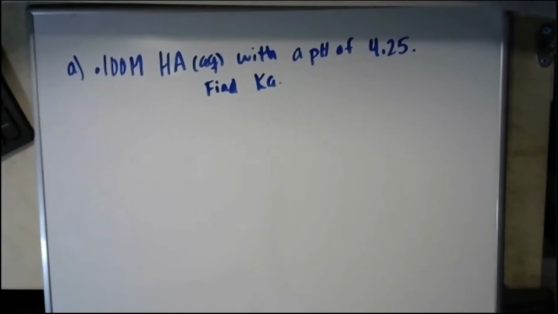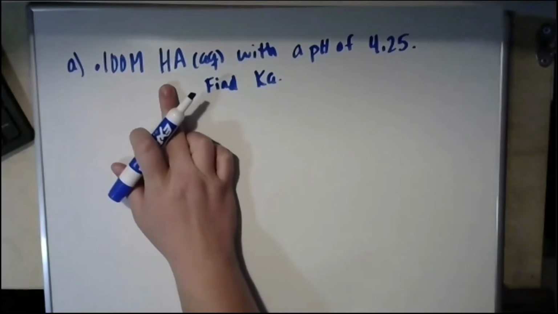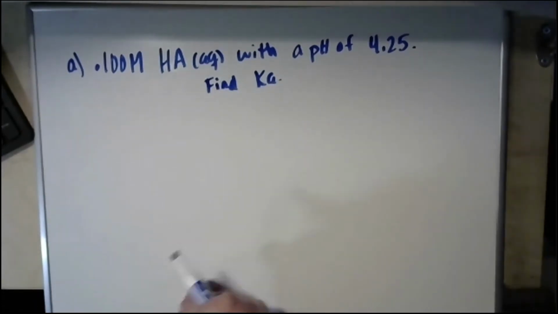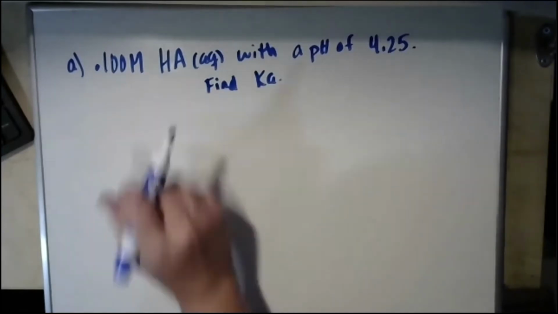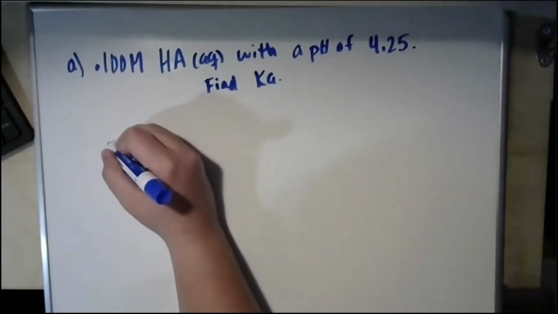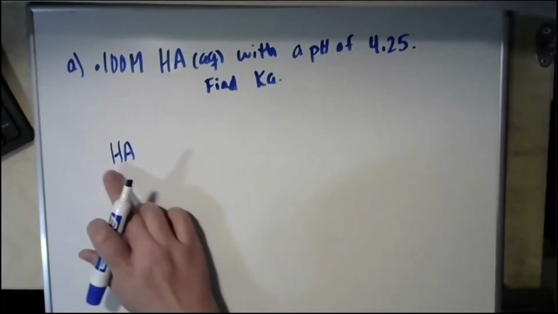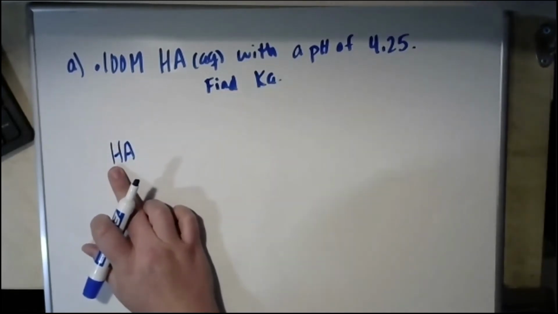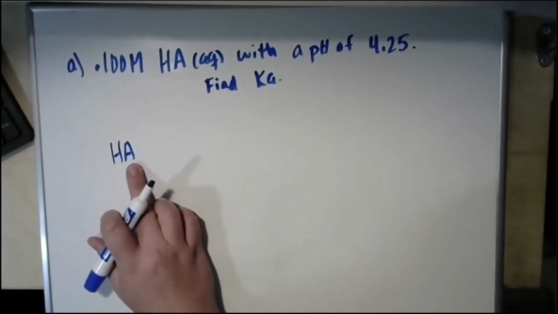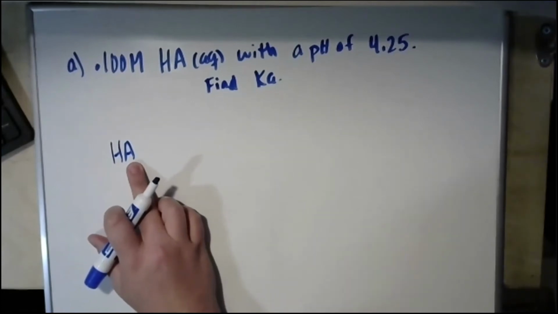We still want to start by writing out an equation that represents this reaction so that we can use it to build up our ice table. And this is what I was saying before, it doesn't matter what your weak acid or your weak base is, you can just represent it with something like this. So when we write HA, we're saying that it's an acid because there's an H out in front. And this part is like the rest of the formula.